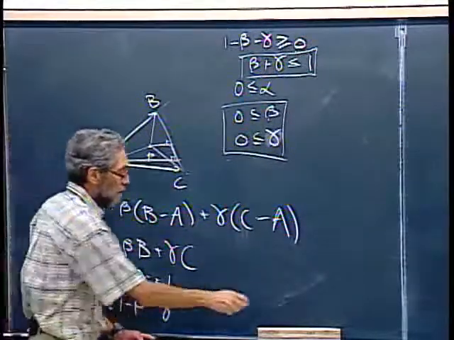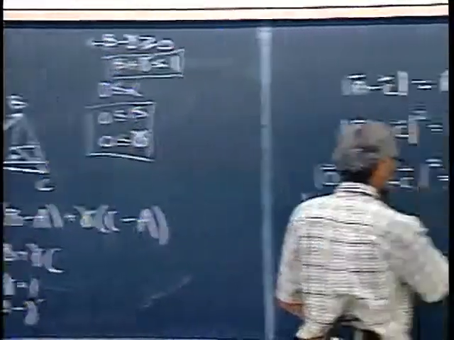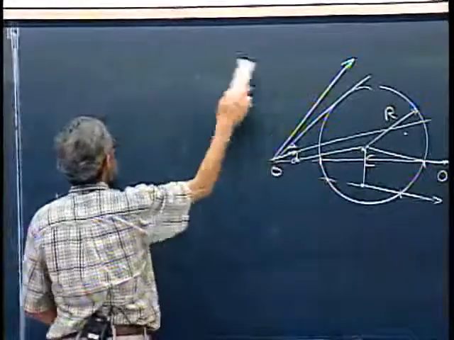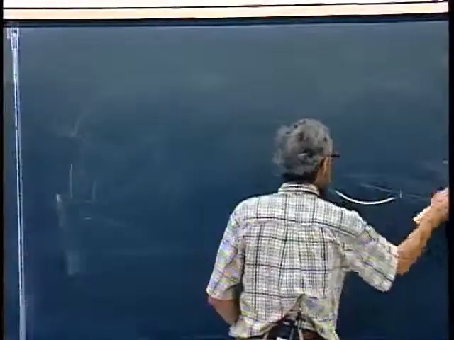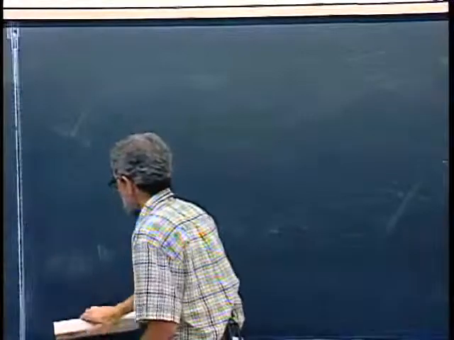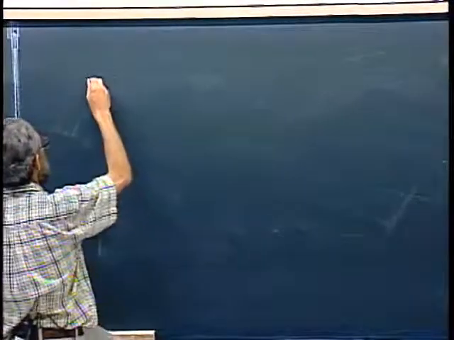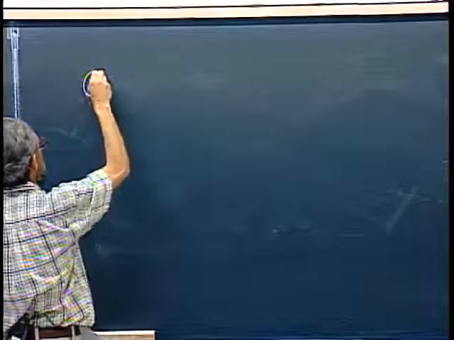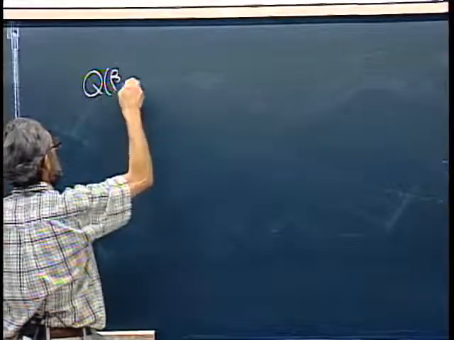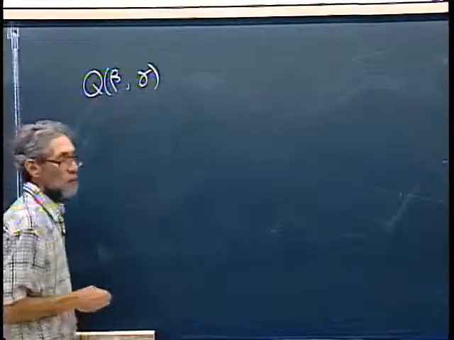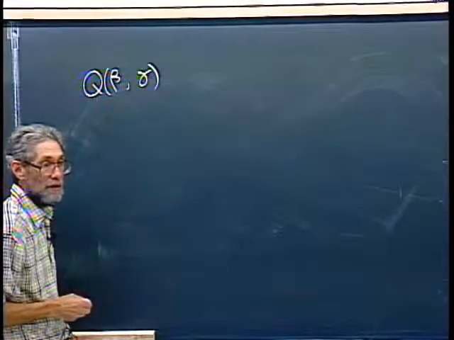So now we can intersect a ray with a parametrized surface instead. So basically we have some surface, I don't know, why don't I call it Q of beta and gamma, which is a parametrized surface.